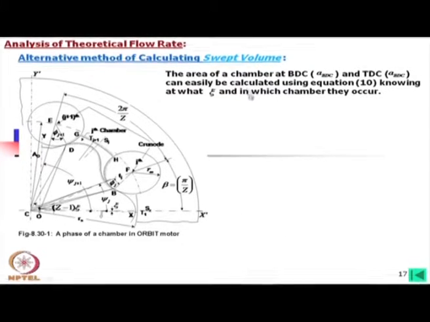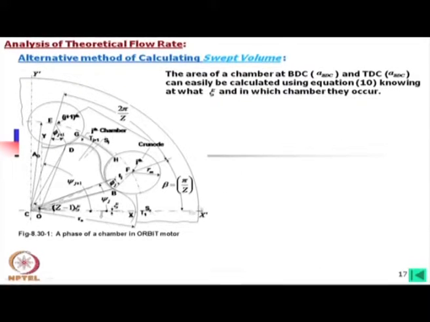Now, the alternative method of calculating swept volume. We can calculate the area of the chambers at BDC and TDC. As I explained earlier, for the geometry we have considered, if this angle is equal to 0, you can first calculate the area at chamber 7, which is the chamber at top dead center.